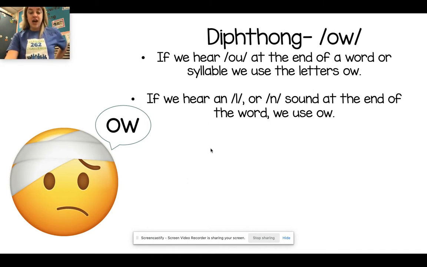Okay? So if we hear the ow sound at the very end, always OW. If we hear the ow sound right at the end, but with an L behind it or an N behind it, we're also going to use OW. Okay, so let's look at some examples of that.